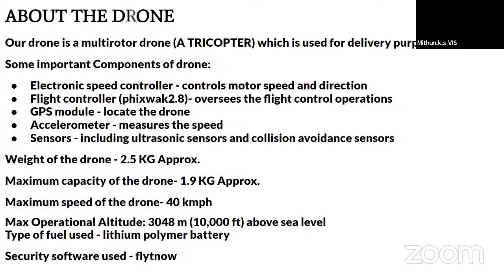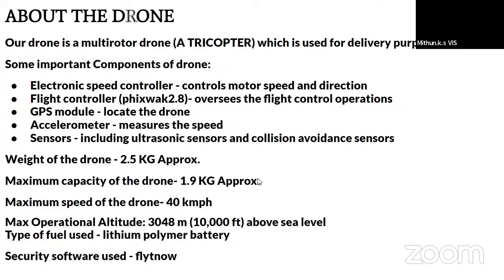The electronic speed controller controls the motor speed and direction, whereas the flight controller, which is a PIC-SWAC 2.8, oversees the flight control operations. The GPS module locates the drone, and the accelerometer measures the speed. Sensors, including ultrasonic sensors and collision avoidance sensors, make sure that the drone avoids collision with any other materials in the sky.